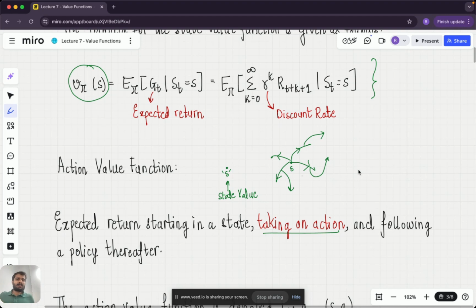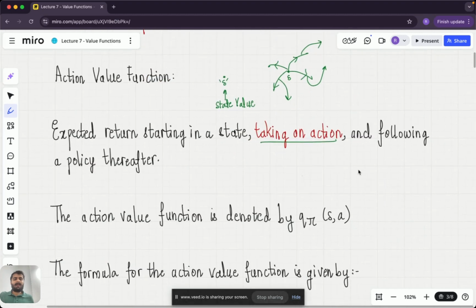The only difference is that we are not just starting from one state right now, but we are also giving the action which the agent has taken. So the action value function is denoted by this formula, where the symbol q is used to denote the action value function.